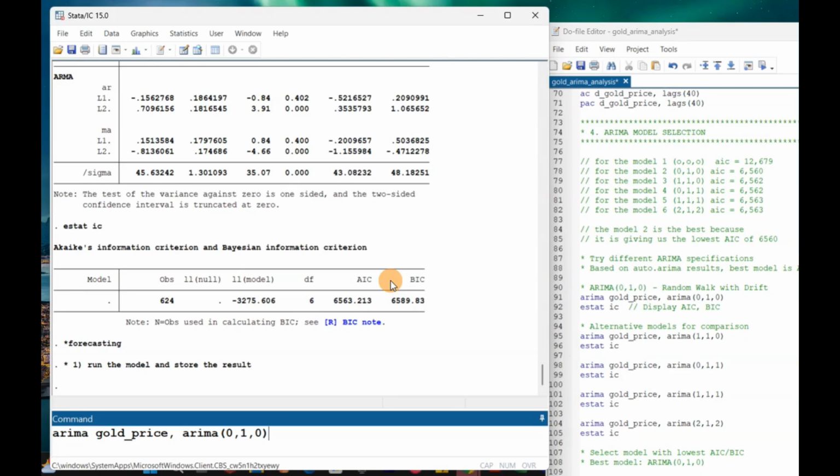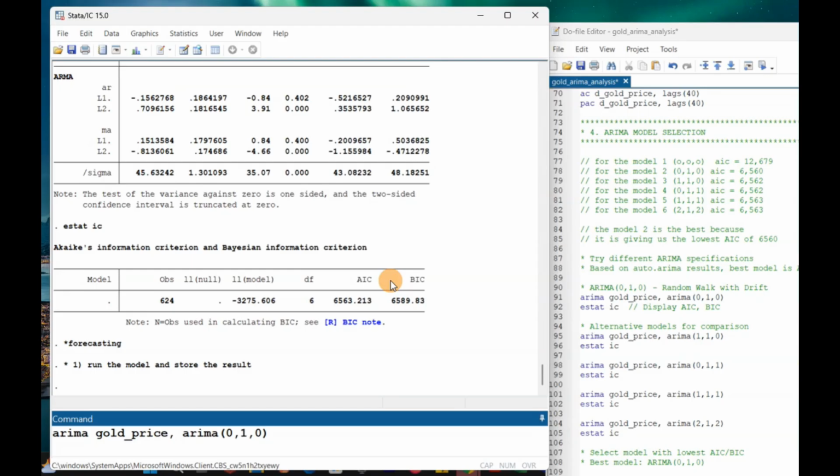Now the I is whether we use level, first difference or second difference. In this case, at level it was not stationary, and when it is not stationary we cannot predict it. So we have to run the first difference. When we run the first difference, we found out that it is now stationary.